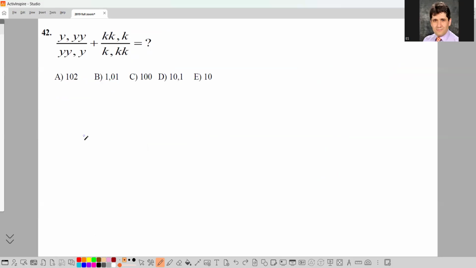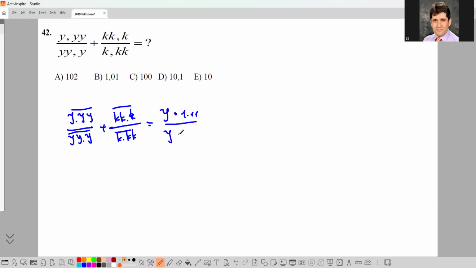Here we have a number like y point y over y point y plus k point k, which is like a number, right? Over k point k. Well, if I factor a y in front, what's left? Well, it would be 1.11. And if I factor a y here, it would be 11.1.